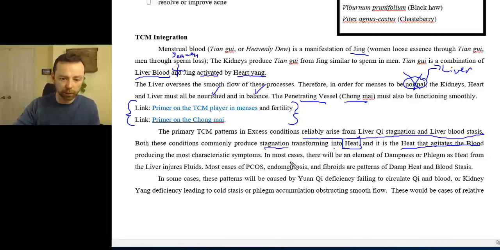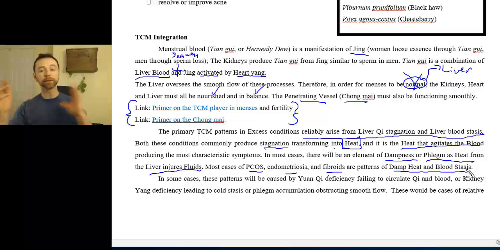So in most cases, probably all cases, there's going to be an element of dampness or phlegm as heat, and this injures the fluids. Almost all cases of PCOS, endo, and fibroids are going to be damp heat and blood stasis. Now that's going to be a little different because obviously they're different conditions.